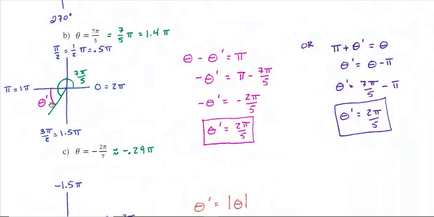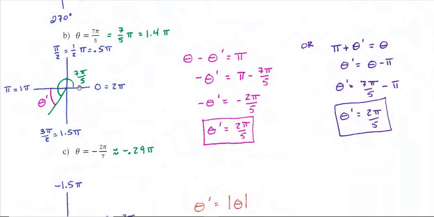So now we need to figure out how are theta and theta prime related. Well, if I go theta, but then I back up theta prime, I end up right here at 180. So theta minus theta prime equals pi. So I can subtract that 7 pi over 5, and I get negative theta prime equals negative 2 pi over 5, divide by negative 1, and I get that theta prime is 2 pi over 5.